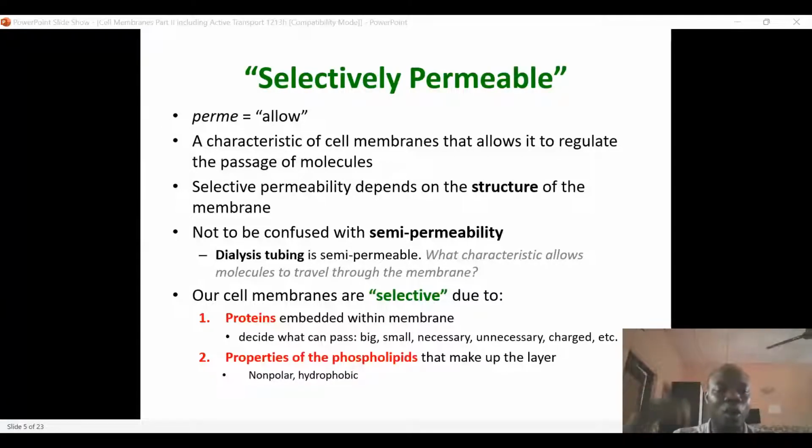The issue is what will make the membrane take a decision in terms of the transport of substances across the cell membrane. These are the two things: the cell membrane has proteins and also the properties of the phospholipids. These are the two major things that give the cell membrane the regulation of what gets into the cell and what gets out of the cell.